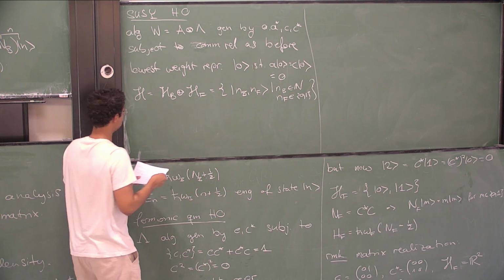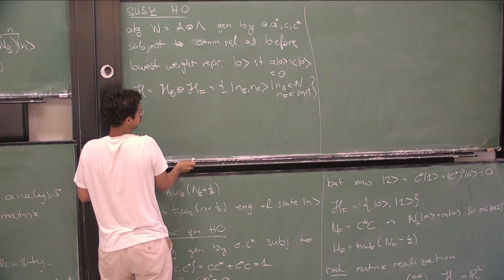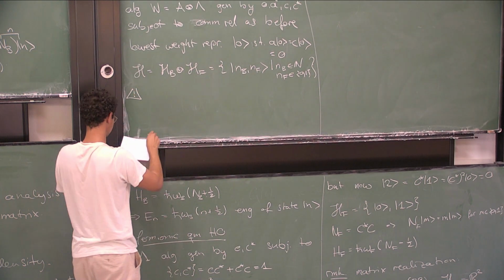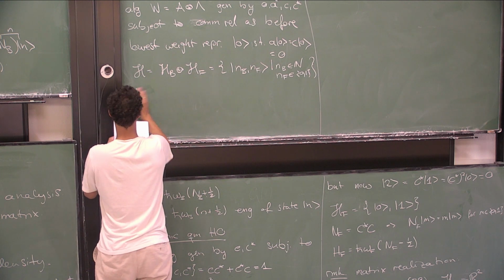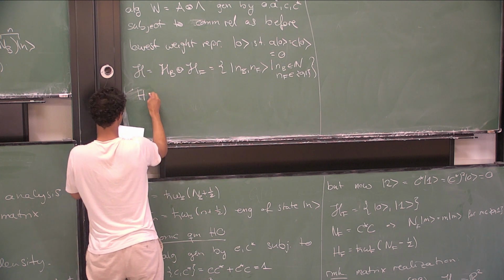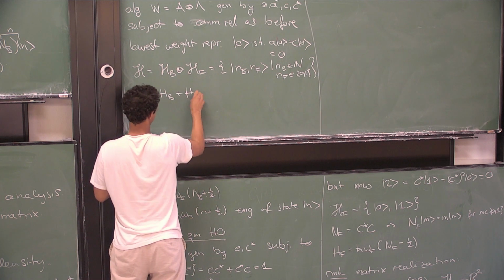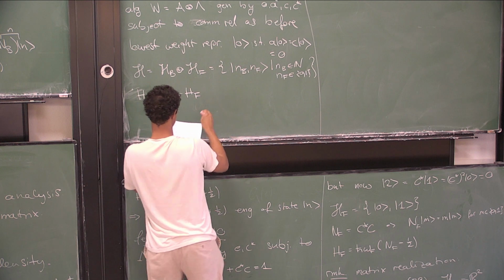Good. So now the special thing happens. Sorry, I should give you the Hamiltonian first. So the Hamiltonian of the full system is just the sum of the Hamiltonians of both systems.